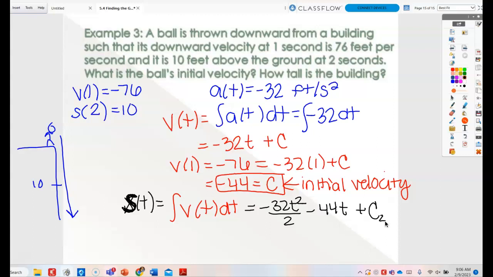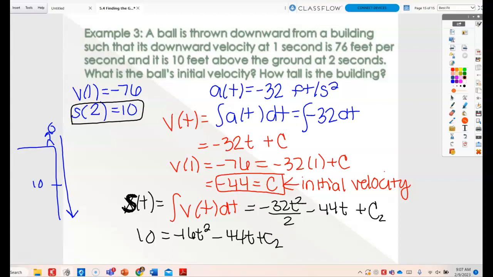And again, taking a condition I was given, we say that 10 equals negative 16 t squared minus 44t plus c sub 2.